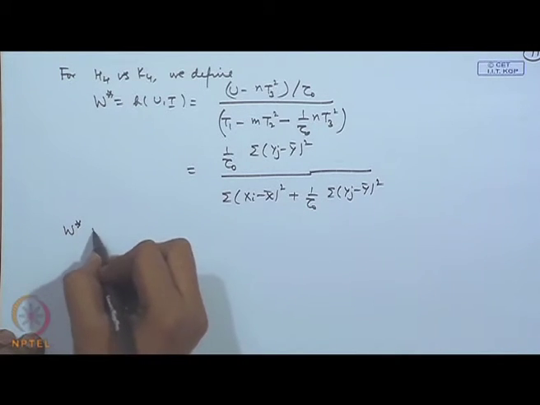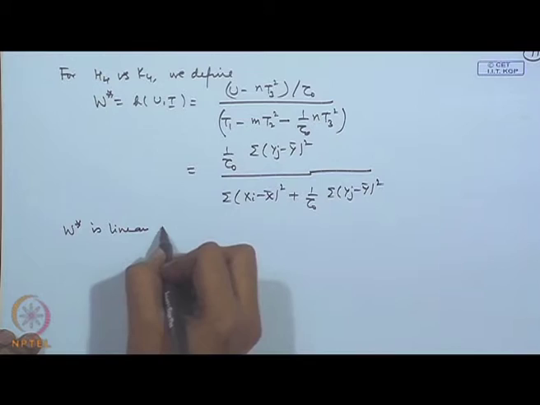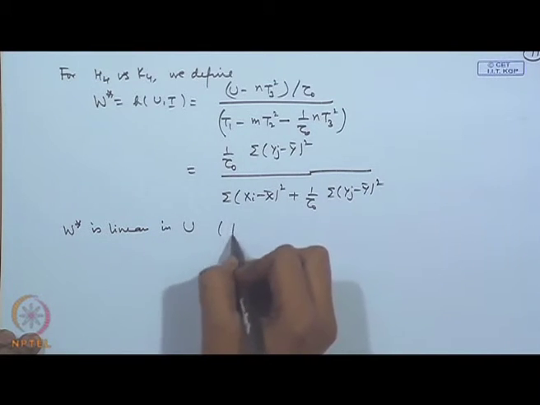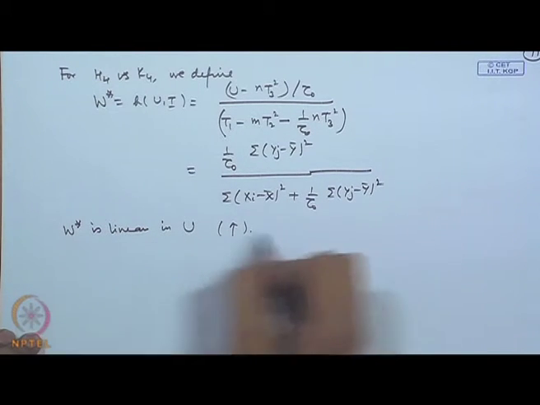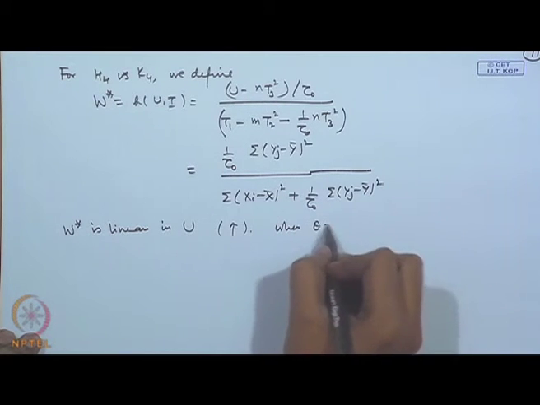Now, W star is linear in U and of course, it is increasing when theta is equal to 0.